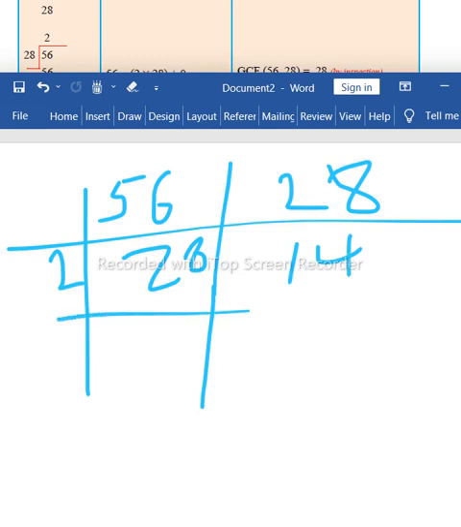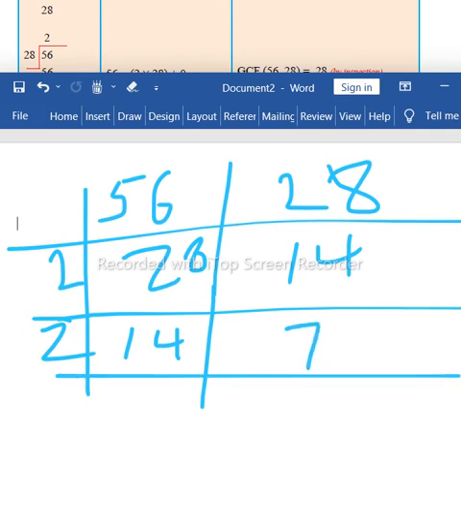Now also we can divide this by 2. 28 divided by 2, we get 14, and here we can again divide this by 2 to get 7. Again we can divide both by 7. 14 divided by 7, we get 2, and 7 divided by 7, we get 1.